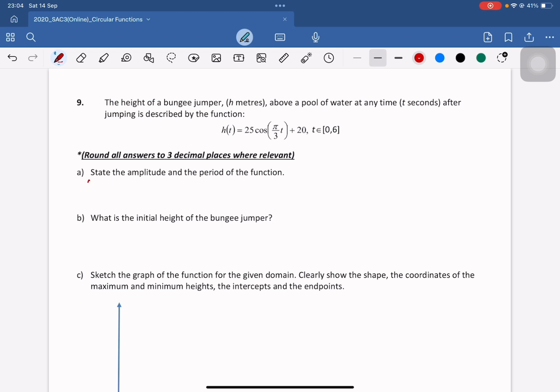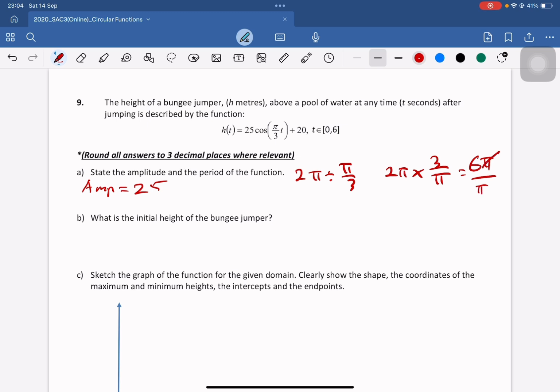So the amplitude equals 25. Period equals 2 pi divided by the coefficient of x, in this case is t. Doesn't matter, they're the same thing. 2 pi divided by pi over 3. 2 pi times, and you flip the symbols, you get 6 pi over pi.